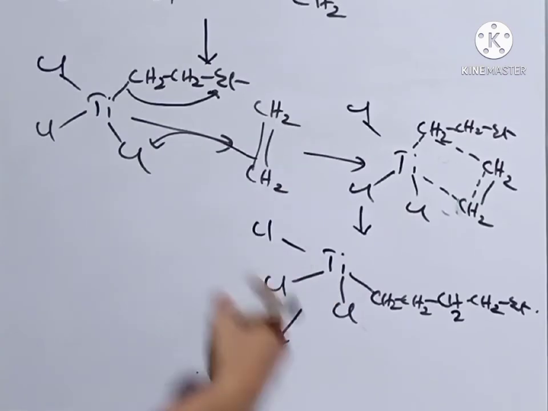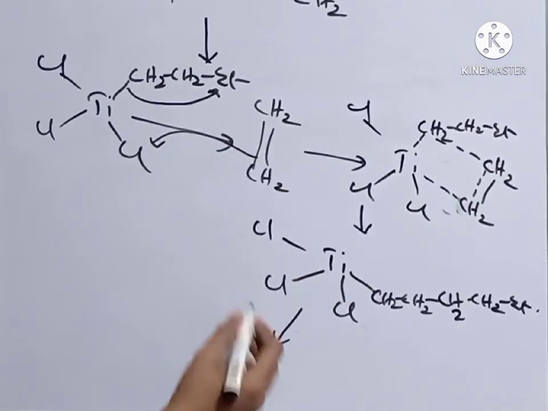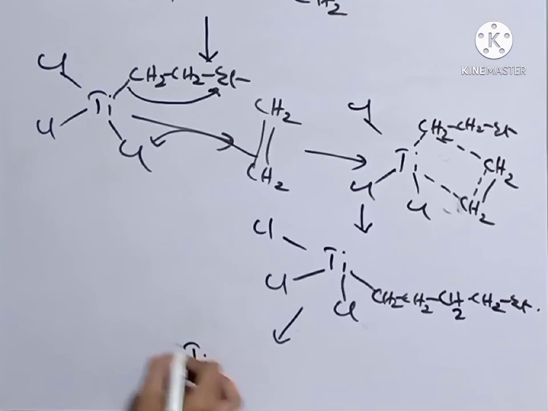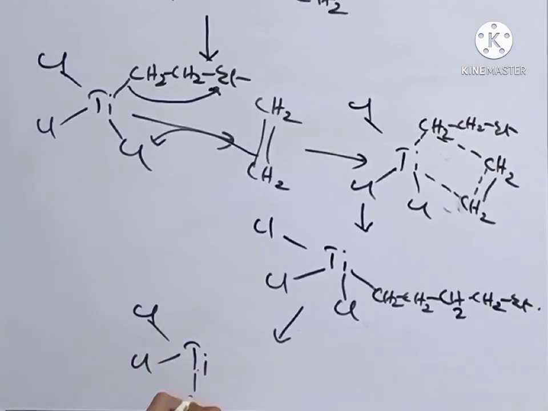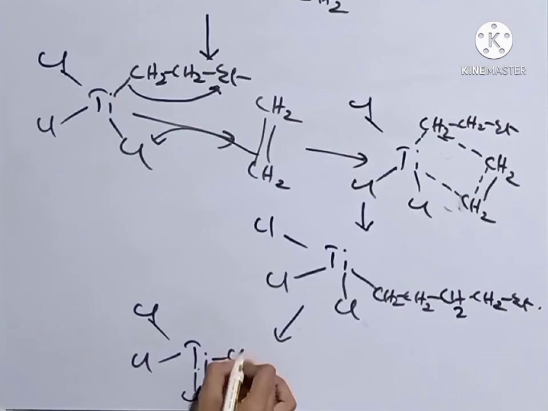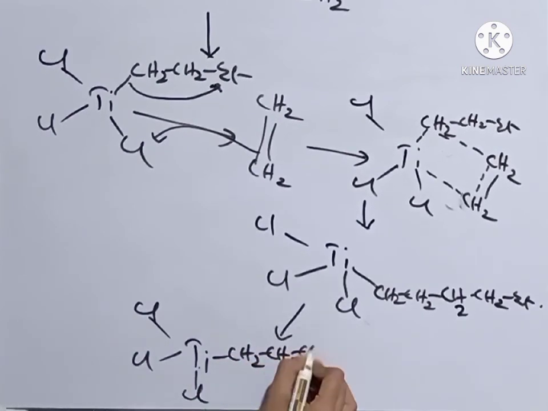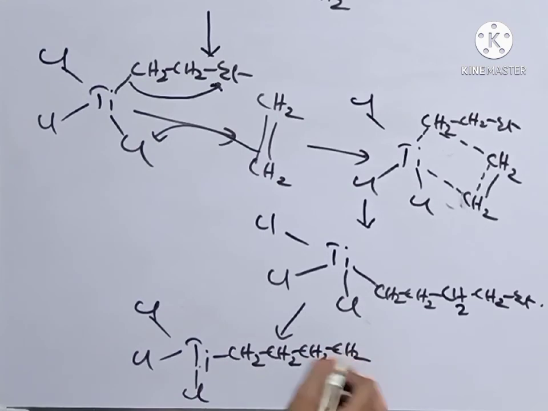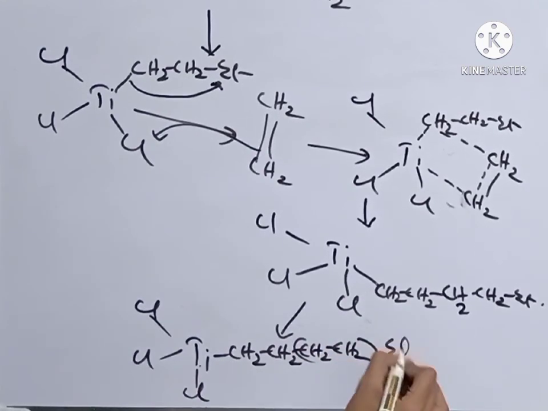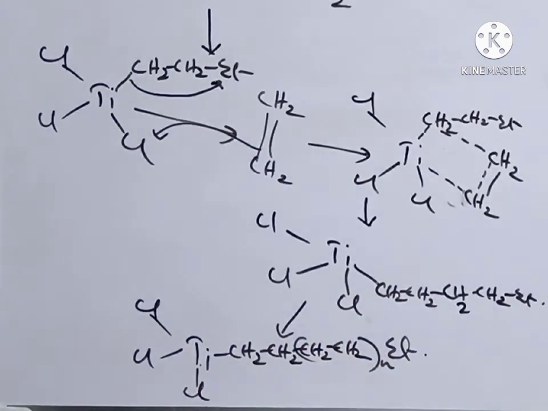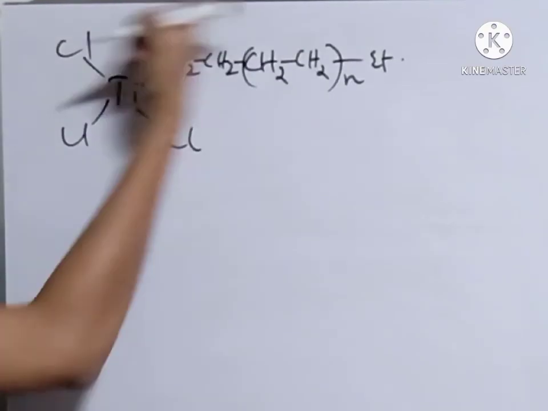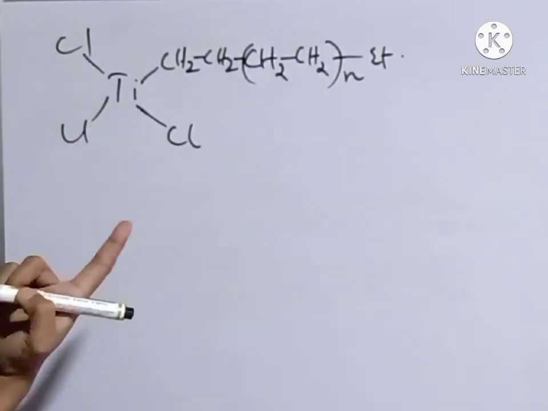This reaction will go on, and we can write it as titanium Cl3, CH2, CH2, CH2, CH2 n times Et. This is the species we'll get at the end of the propagation step.